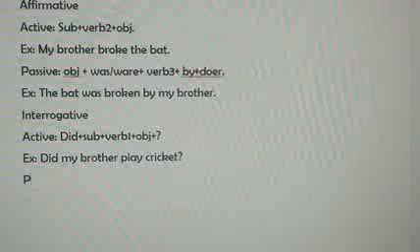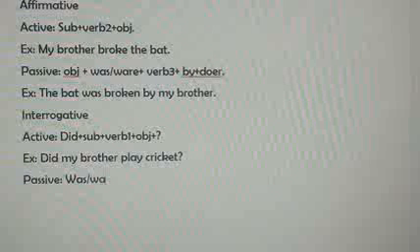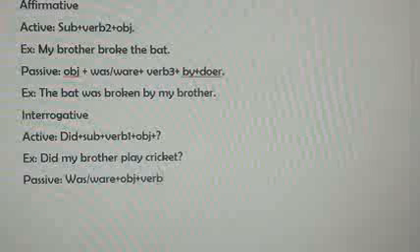Now, let me write the passive structure, and after that I will convert it into passive. Auxiliary verb like was and were will come first. After that, I will place an object. Then we need to use the third form of verb.